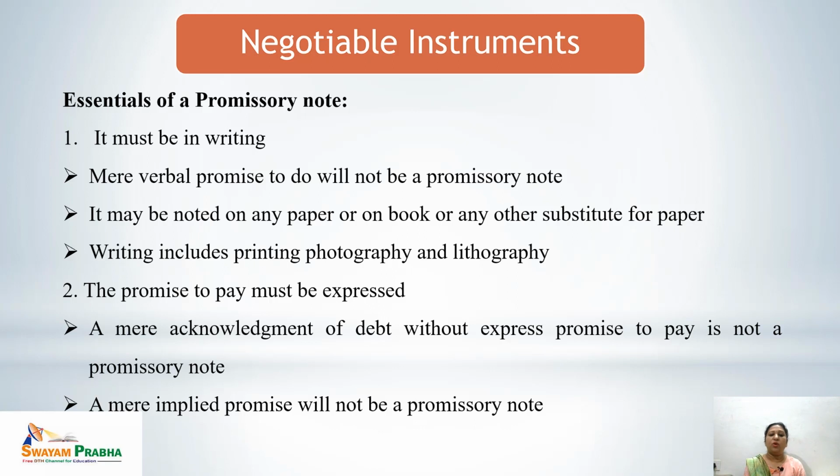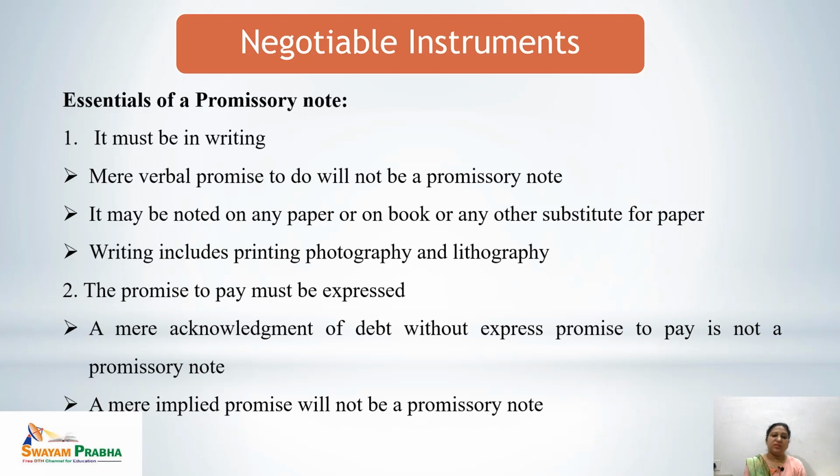It may be noted on any paper or on book or any substitute for paper. That means there is no set paper type on which it is to be mentioned. It may be on book, it may be on paper, or any substitute for the paper. Substitute for paper includes any kind of printing, any kind of photography, or the lithography.